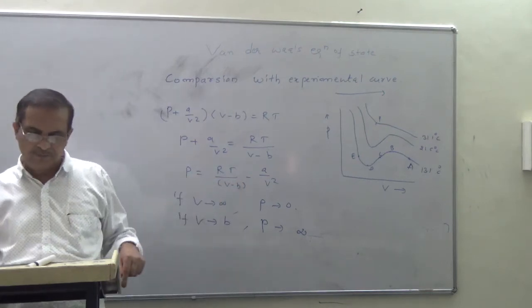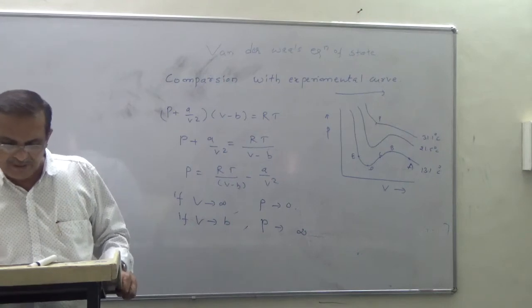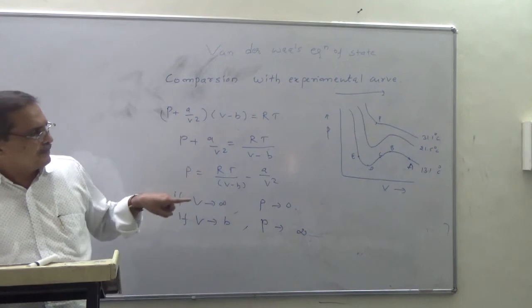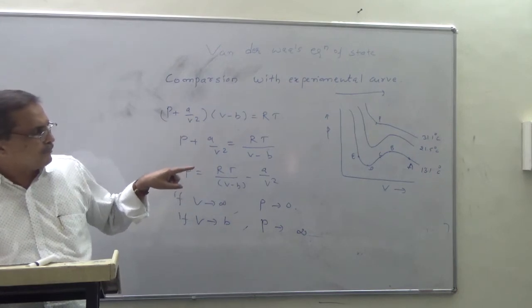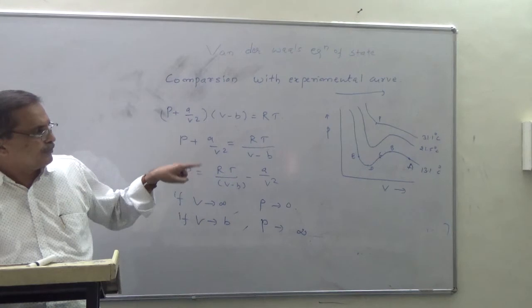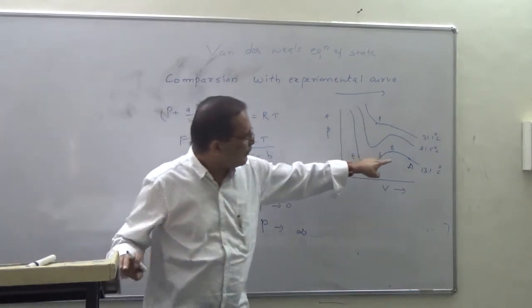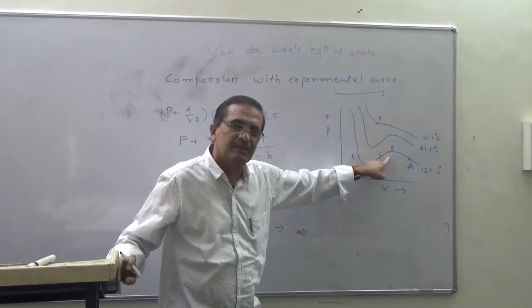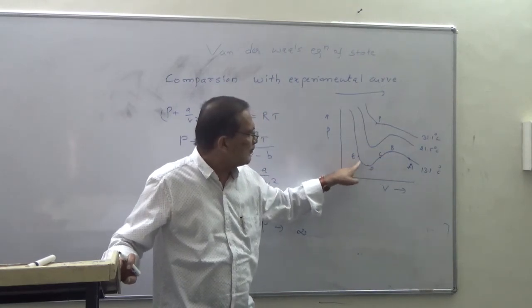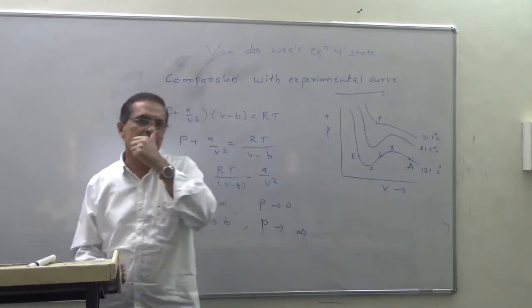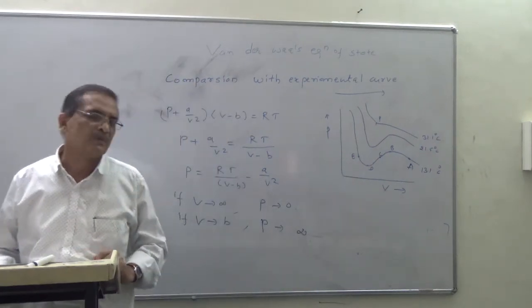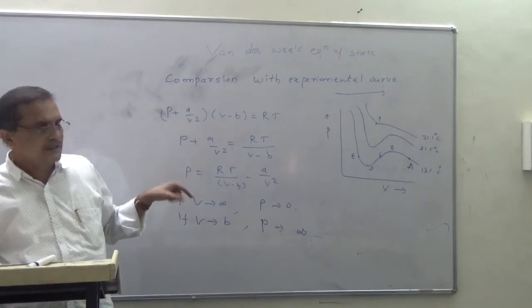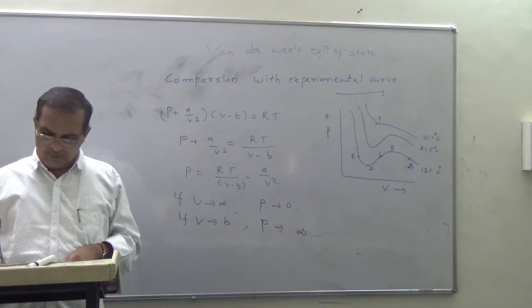The portion A to B occurs due to supercooling, where the volume changes, and the portion D to E is due to superheating.